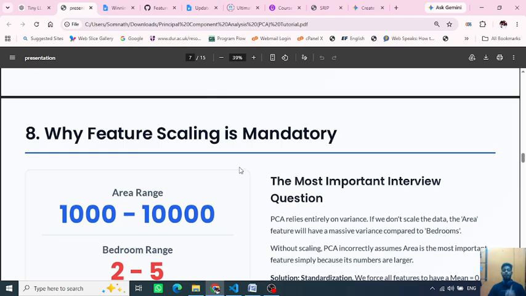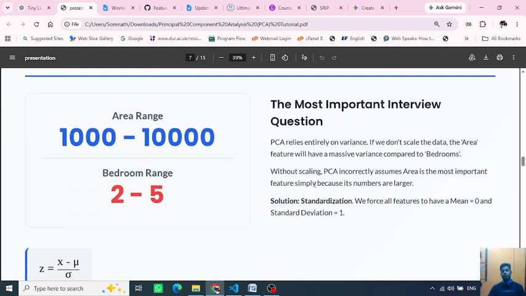One mandatory thing is that before PCA, feature scaling is mandatory. For example, area ranges from 1000 to 10,000, while bedrooms range from 2 to 5, maybe a maximum of 10. So one has a very high range of values and the other a very low range, as I said in the previous tutorial.